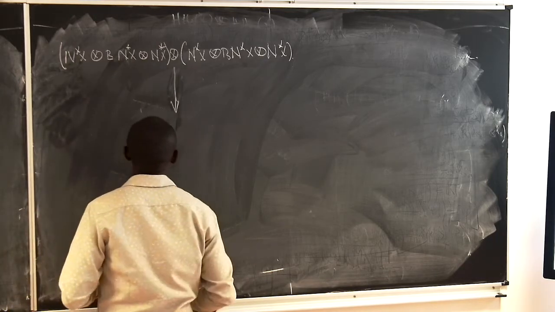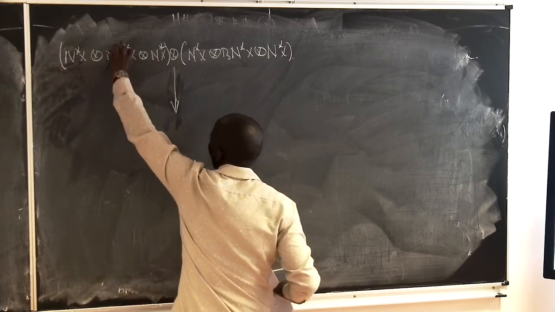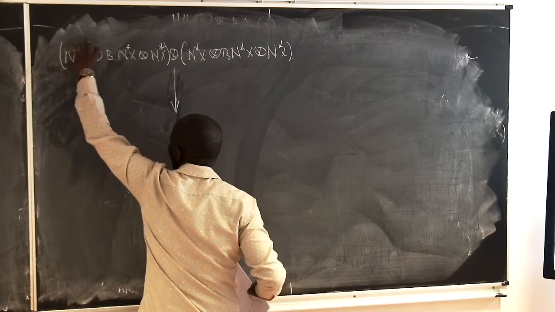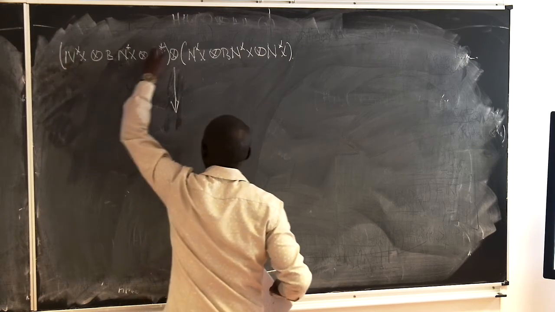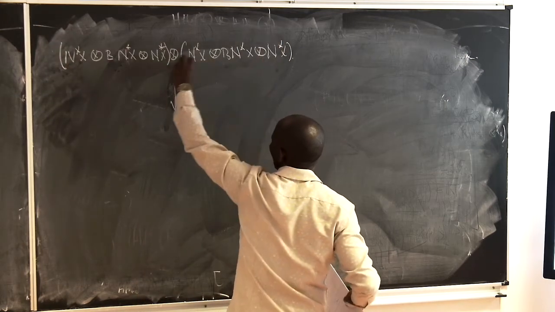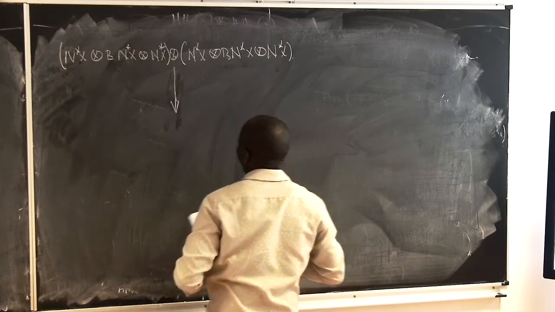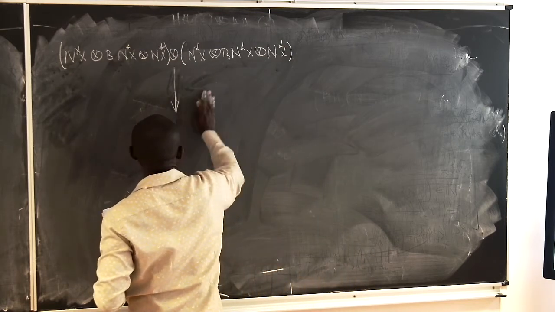Here the first two terms will be fixed and the last two terms will be fixed. We permute the middle here by using the interchange maps.